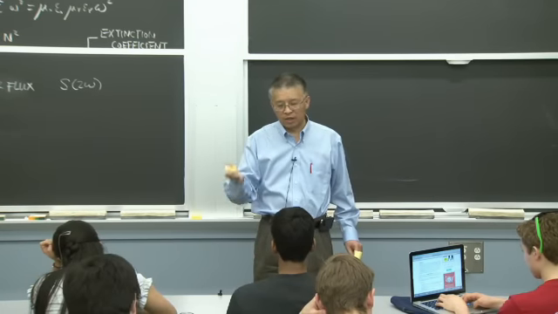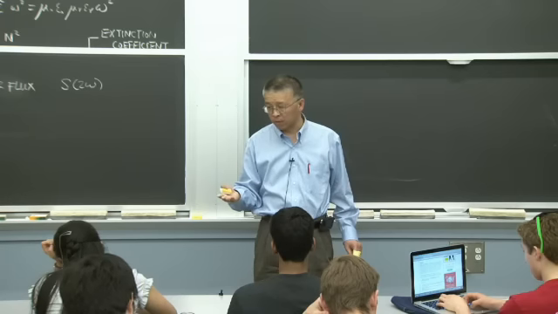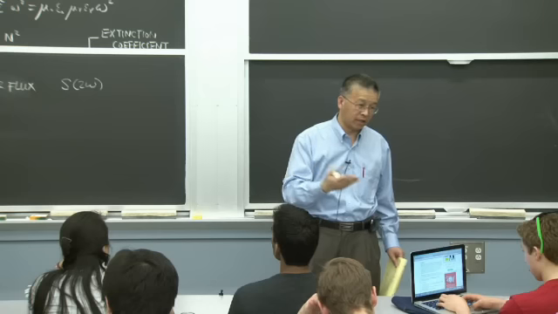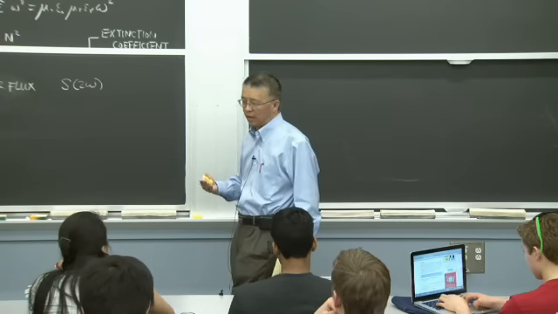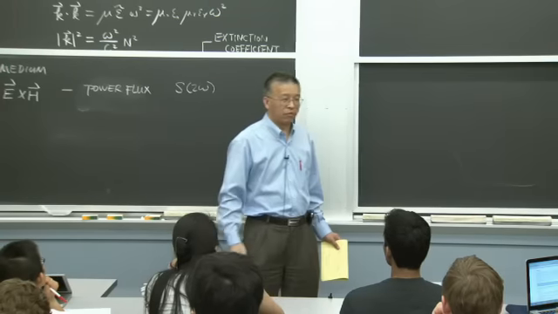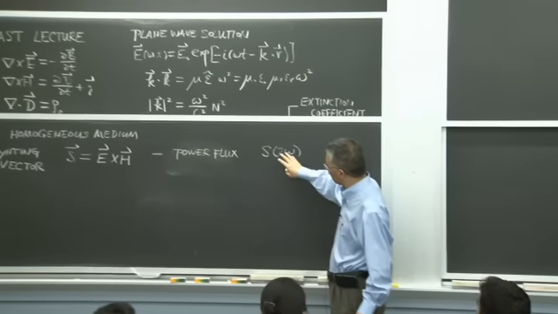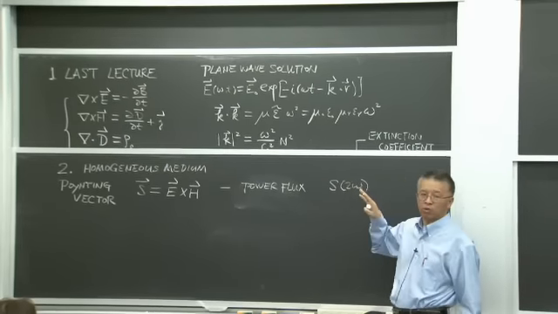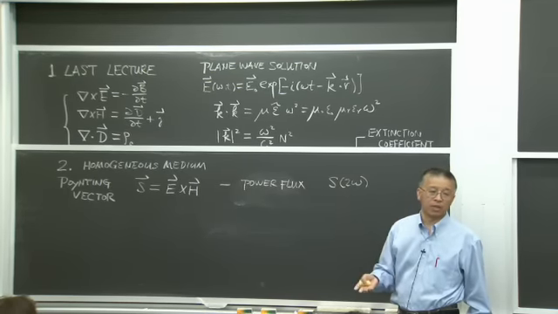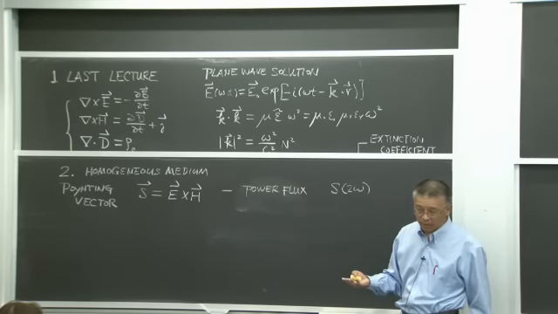So the power flux here is a rapidly changing function of time, because the frequency of light, visible light at least, is 10 to the 14 hertz. So 2 omega will give you even much faster, right? So in this case, normally we don't care. We cannot measure the instantaneous power here. And what we measure is the time average power.